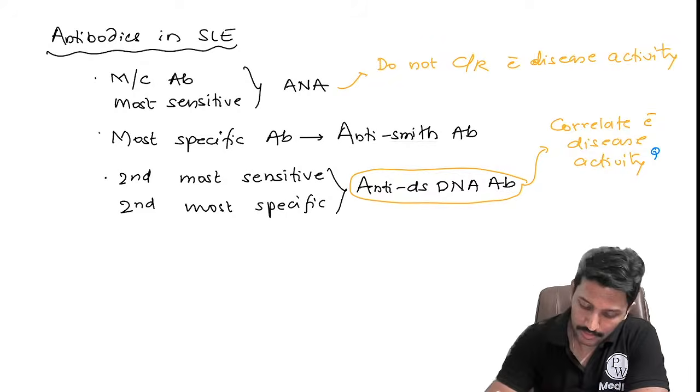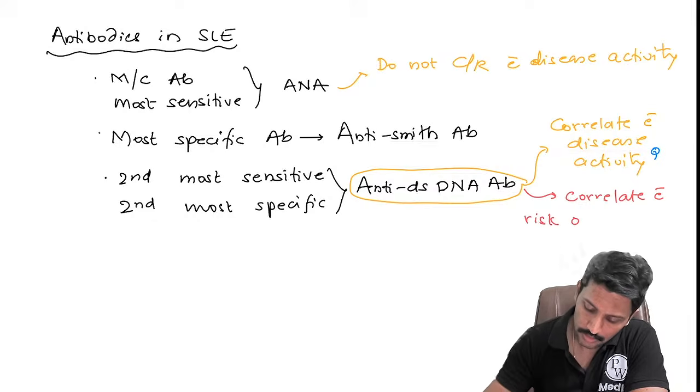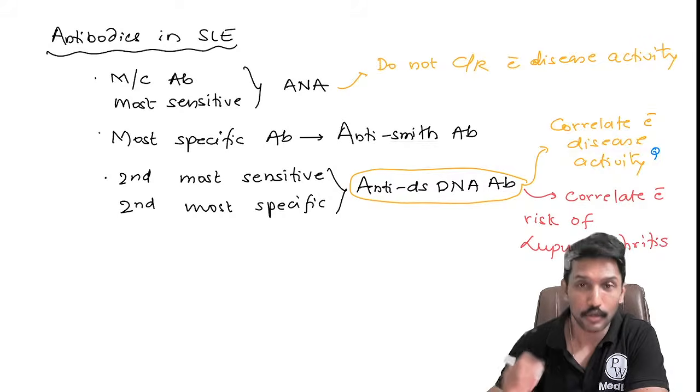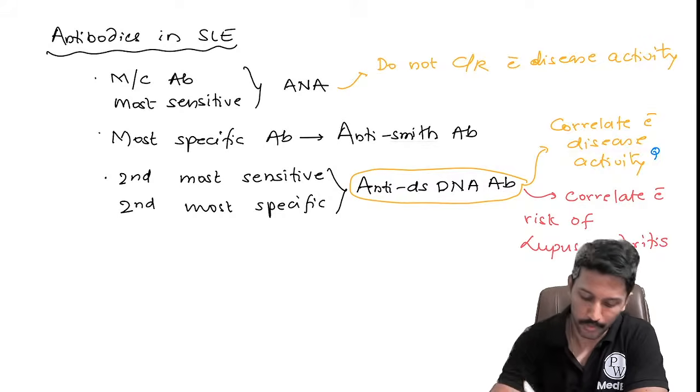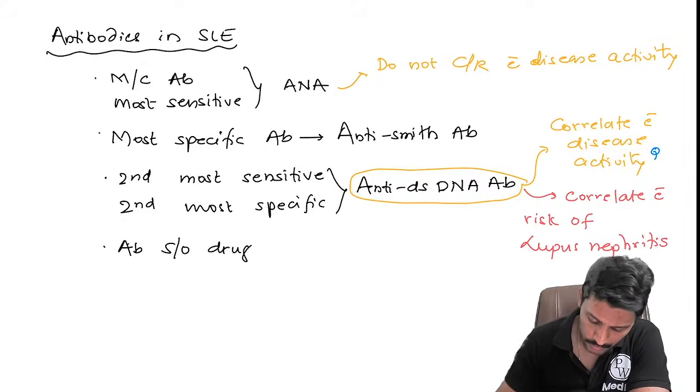Okay. And then the anti-dsDNA titers also correlate with risk of kidney involvement. We call that lupus nephritis. So it correlates with the risk of lupus nephritis. Then they will also ask you the antibody suggestive of drug-induced lupus.